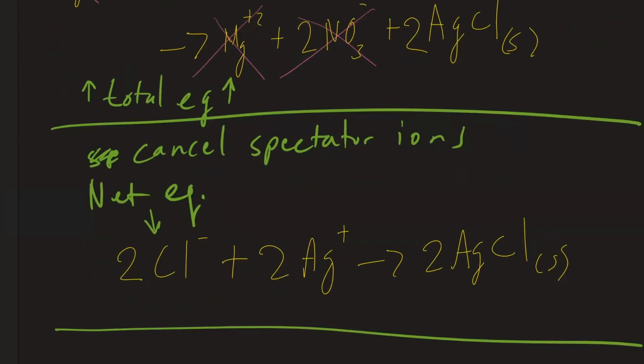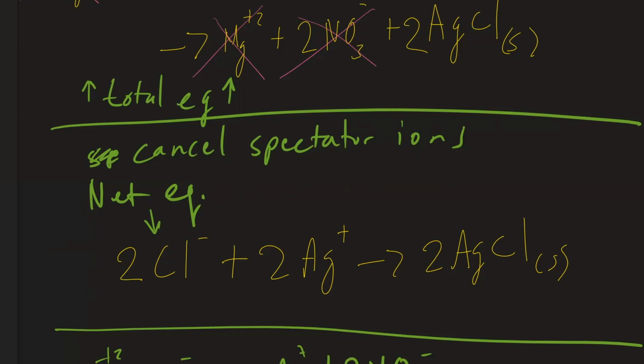So I have Mg plus 2Cl plus 2Ag plus 2NO3 goes to Mg plus 2Cl minus plus 2NO3 minus plus 2AgCl.